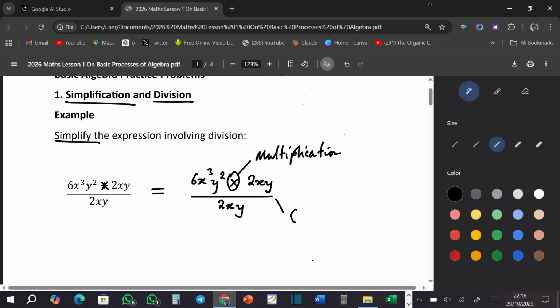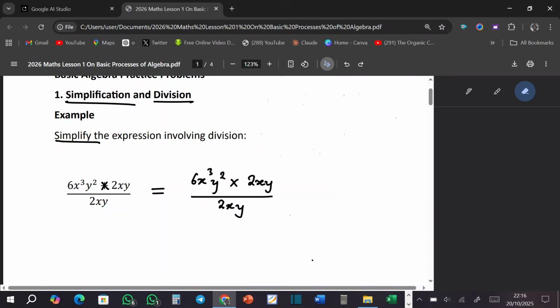This line is also the same as divided by. So this one is a division. So it has multiplication and division. Now having explained that, let's try to answer this one here.